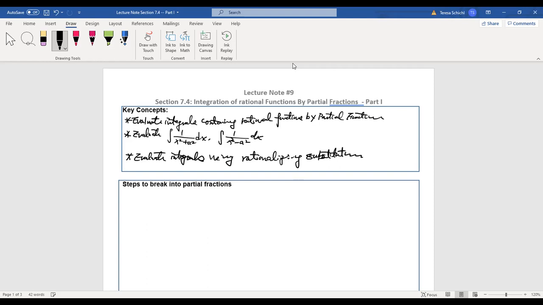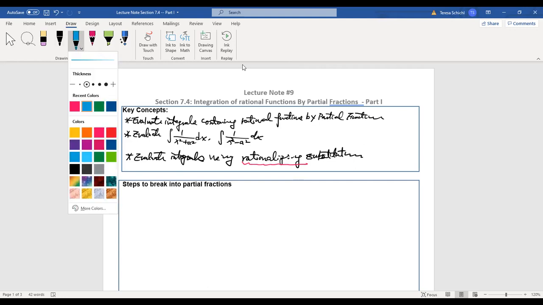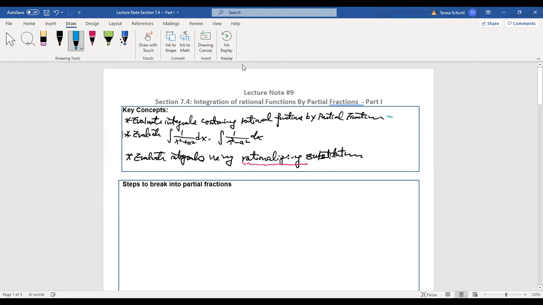So we gradually expand from the u-sub and the trig substitution, and now we have rationalizing substitutions. For this whole lecture number 9, we're probably going to have 4 videos: 2 videos for this one, 1 video for this one, and probably 1 video for this one here.